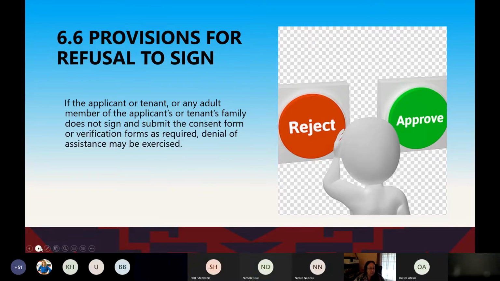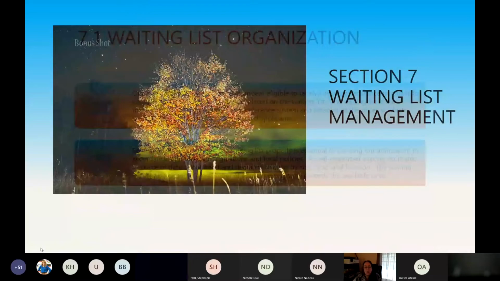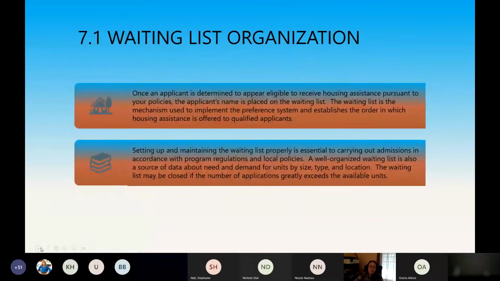So your waiting list. Once an applicant is determined to be apparently eligible to receive assistance pursuant to your policies, that applicant's name is placed on your waiting list. The waiting list is the mechanism used to implement the preference systems and establishes the order in which housing assistance is offered to the applicants.